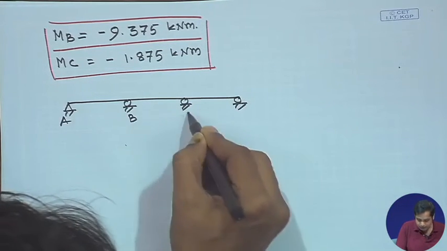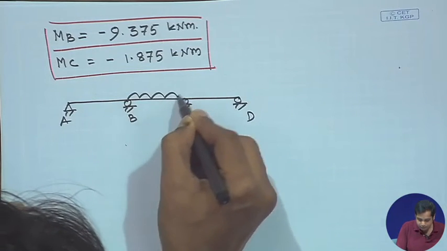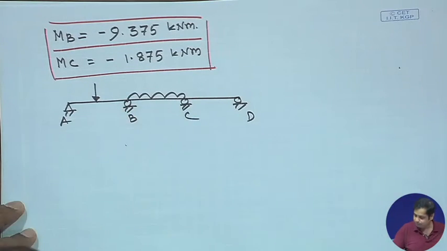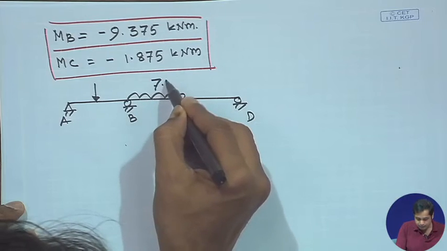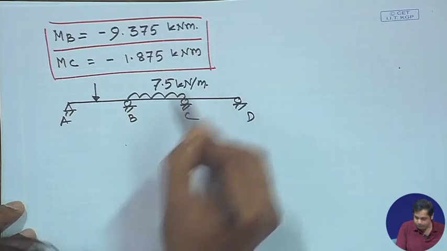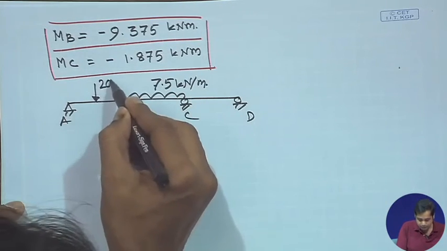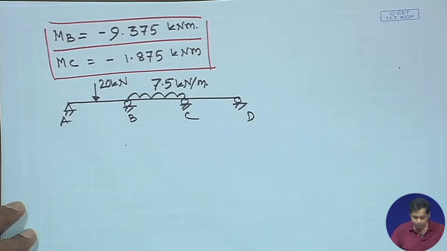So, the actual structure is this: A, B, C, D, and then we have the force, and then our reactions like this. This is 7.5 kilonewton per meter, and this is 20 kilonewton. Let us draw the free body diagram of AB.